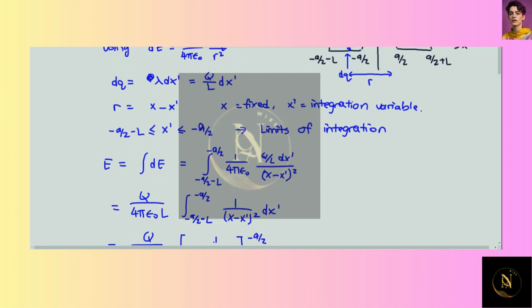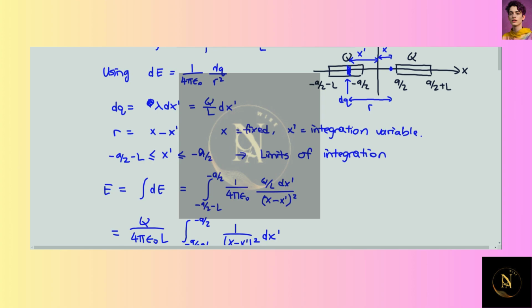I hope this is clear. x prime itself is negative, so r will be x minus x prime as mentioned in this box. So r will be a big number. It's not plus.